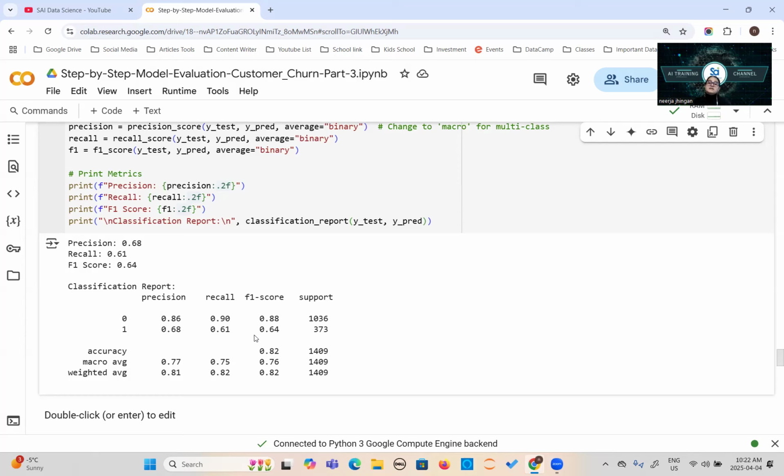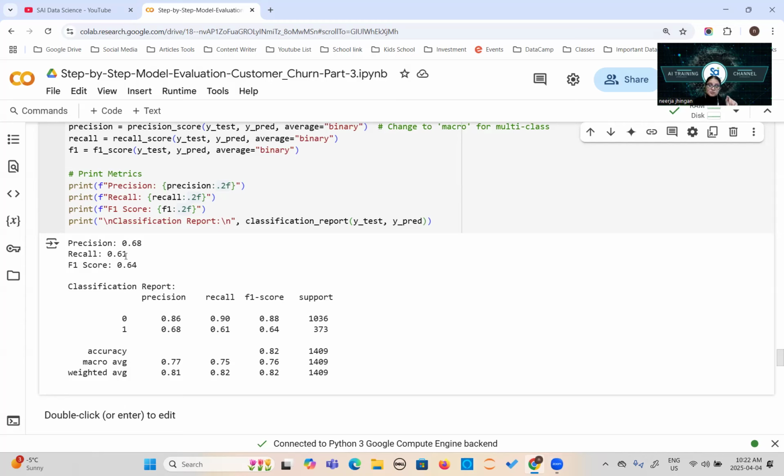In this case, your marketing team might need to struggle with writing and sending the emails, but still there is no loss. But now look at the recall, 61%. This is very low, right? Your model is not able to correctly predict the total positive values. But in this case, what will happen?